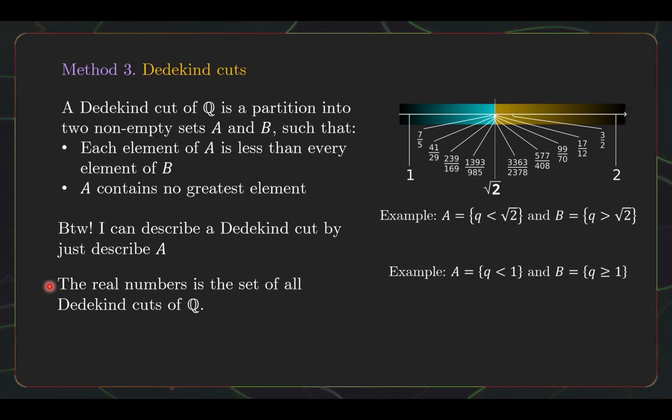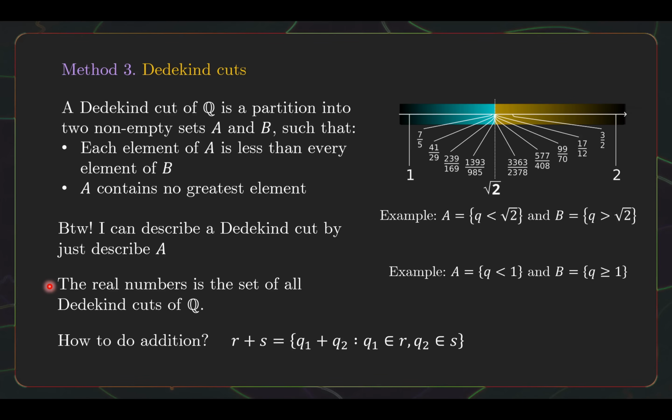As I explained earlier, if you cut at a gap, you get an irrational number. If you cut at an existing rational number, you just get the rational number itself. Once again, you would need to check all three properties that we demand of the real numbers, which would be a bit tedious to go through.